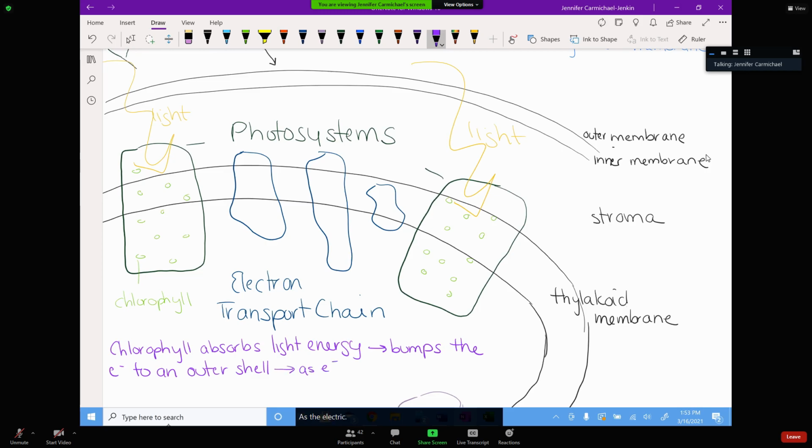As the electron falls back down, the energy is transferred to another chlorophyll.